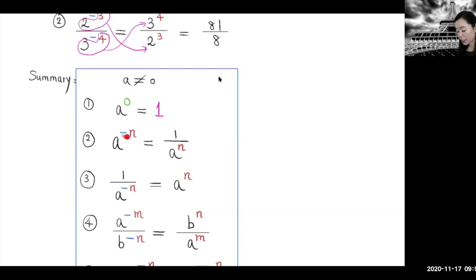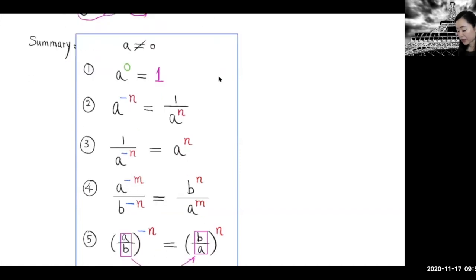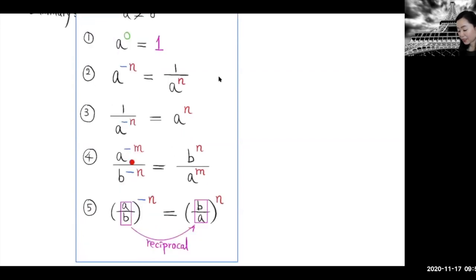You take away the negative sign in the exponent and flip this a to the m down to the denominator. Now over here, you take away the negative sign in the exponent and flip a to the n up, because a negative exponent indicates taking the reciprocal. And for this one, you take away the negative signs, flip a to the m down here, and flip b to the n up here.